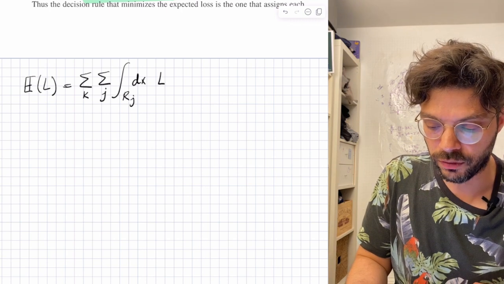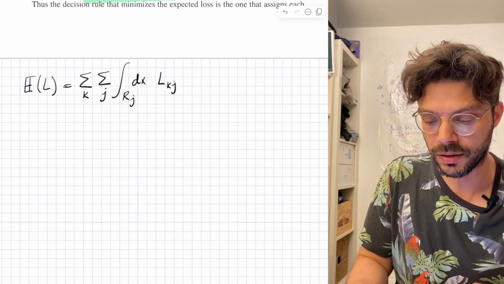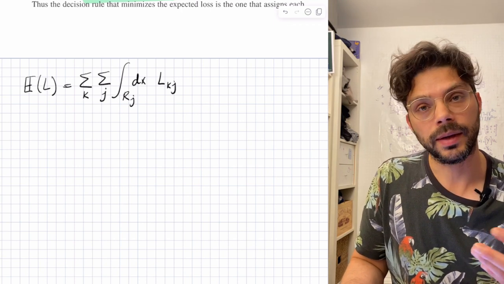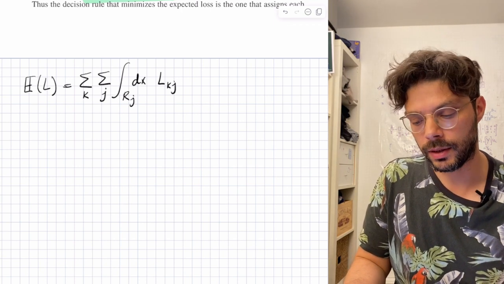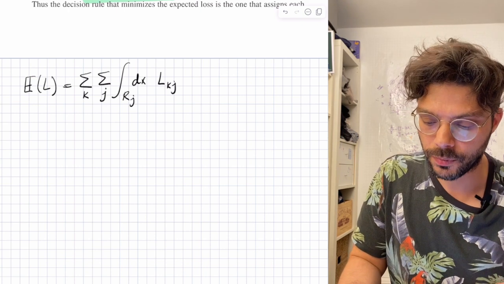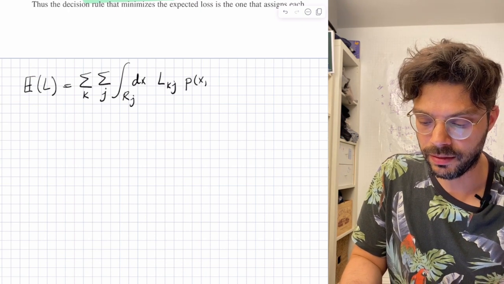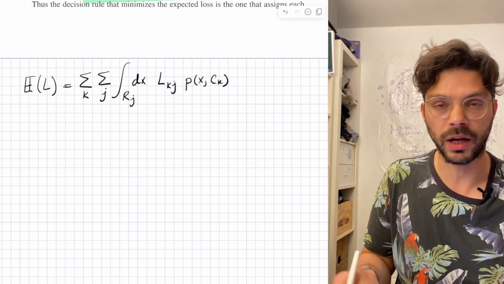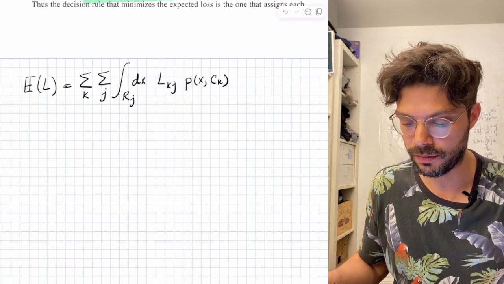And now we just add up the loss for data coming from a true class K being put in a class J, weighted by the probability of data points being from that true class. So that's exactly the expression that he has above.